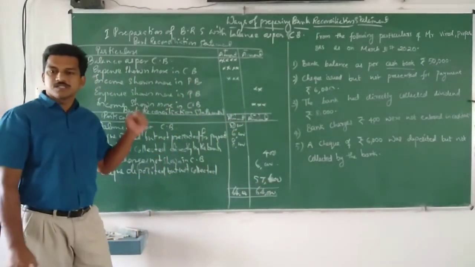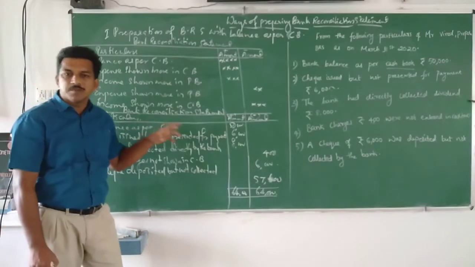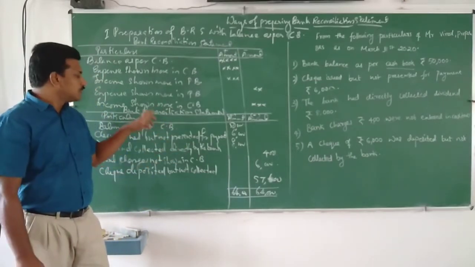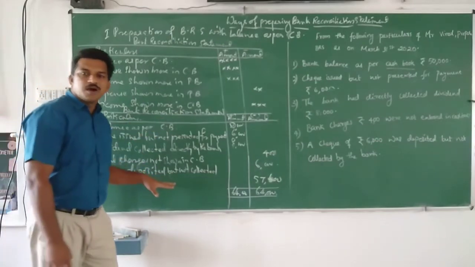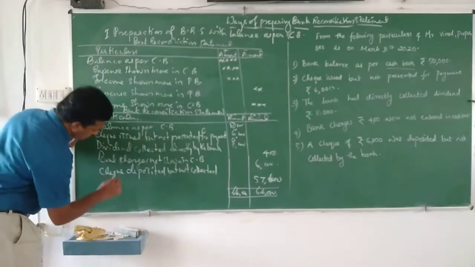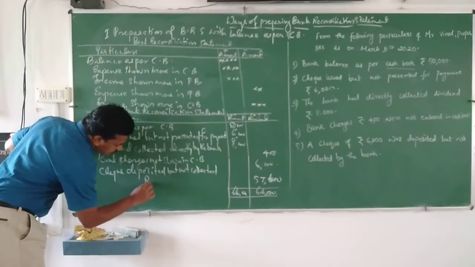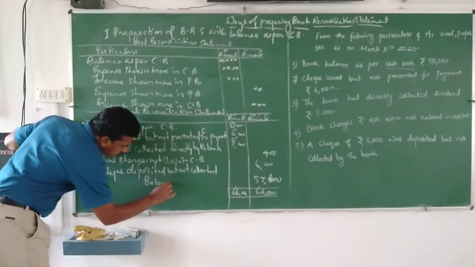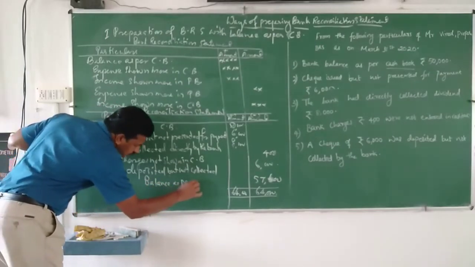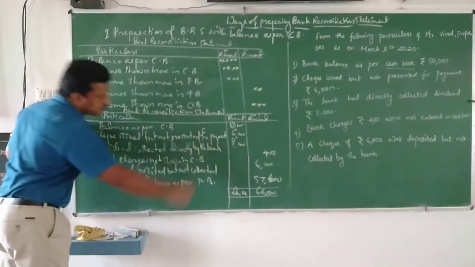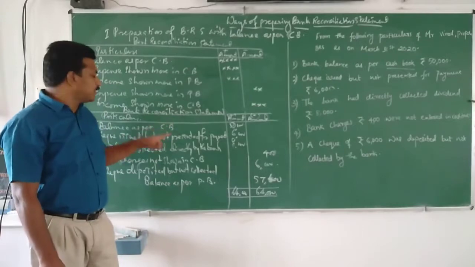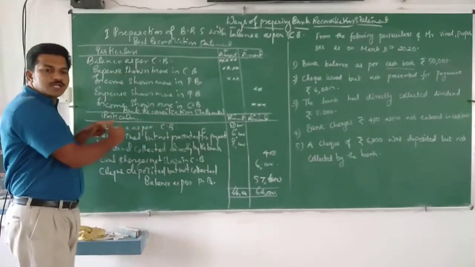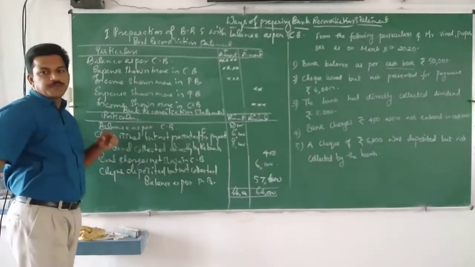Okay, 57,600 is the balance. Which balance? When we start with balance as per cash book, we will get the balance as per passbook. So that is the balance we can write here. Balance as per passbook. Okay, so this is the method of preparing bank reconciliation statement, starting with balance as per cash book.